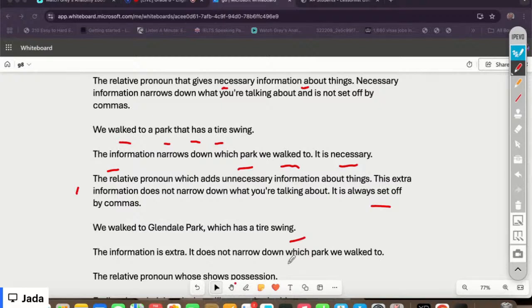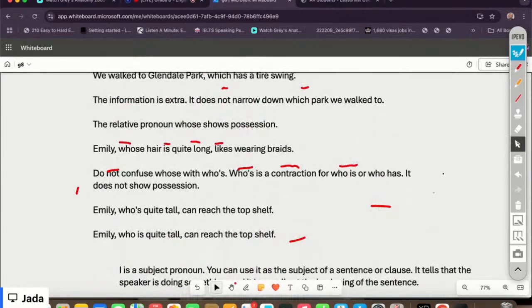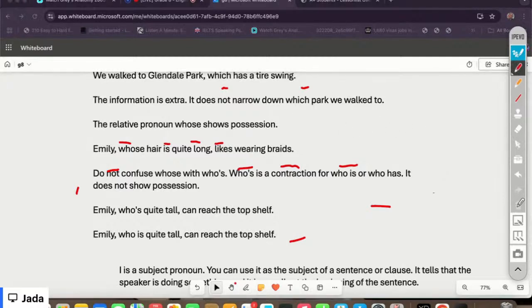So you see that the information is extra. It does not narrow down which park we walk to.